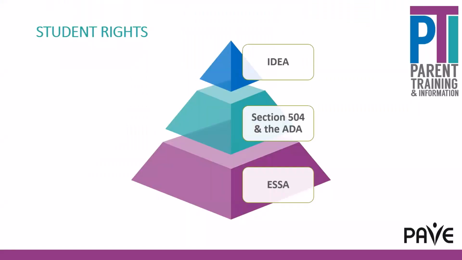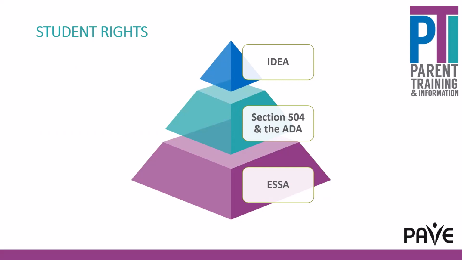Here's our student rights pyramid with federal laws listed at 3 levels. The next several slides are going to spell out each acronym and explain the laws. For now, let's consider the big picture. Children with disabilities who are eligible for an IEP are at the top with all the legal protections.